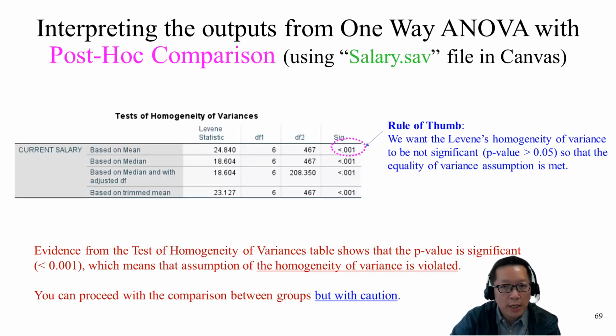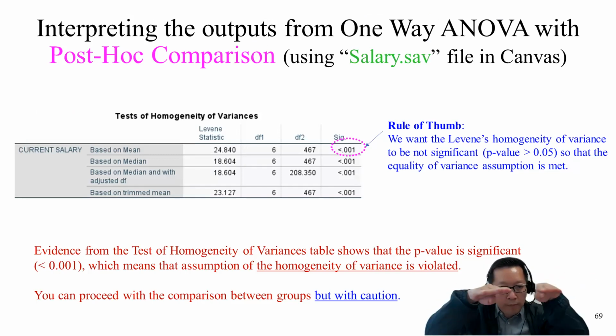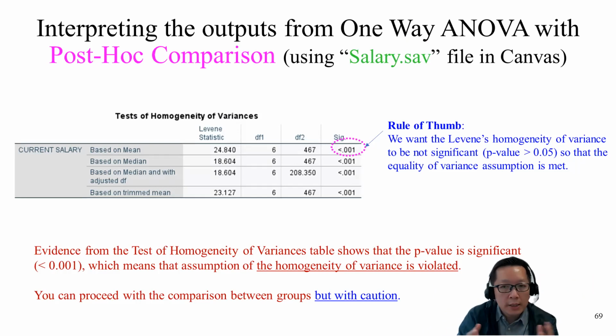And this result shows the different groups of professions and, in terms of the salary, I look at the top one based on mean, right? Actually for the Levene's test, Levene's statistic, you want it to be not significant. You want it to be not significant so that the equality of variance assumption is met.